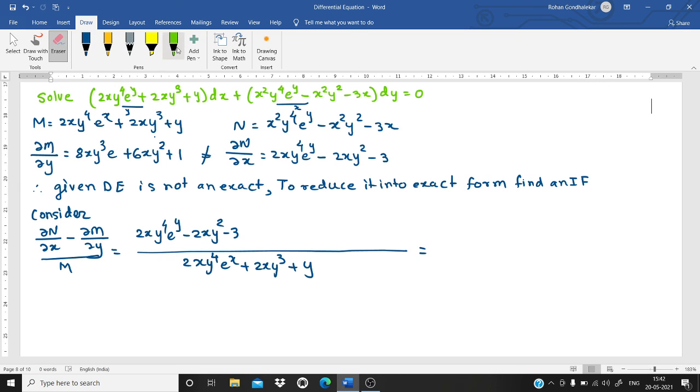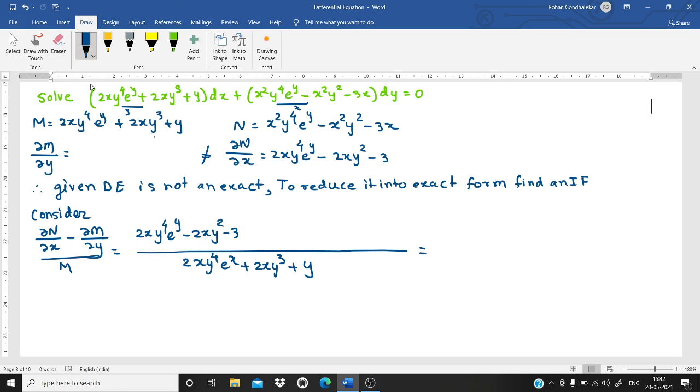By the differentiation rule, we get different terms. So just get the derivative again.